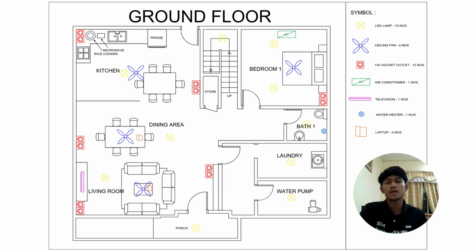Okay, for the next slide, I will continue with our design of the house. So this design, we drew in AutoCAD, and for the ground floor design, we have 10 lamps, 4 ceiling fans, 12 sockets, one aircon for the bedroom, one television in the living room, and one water heater in the bathroom.